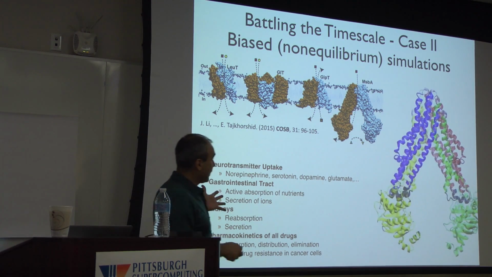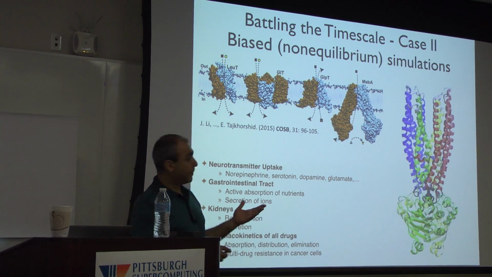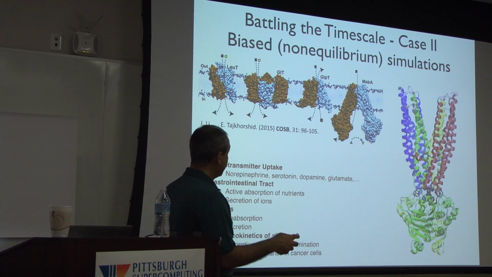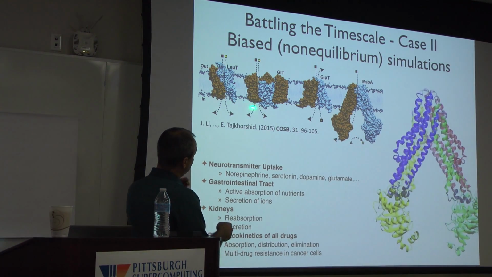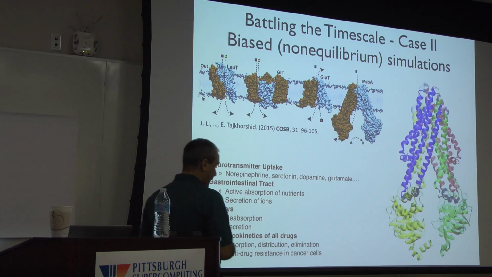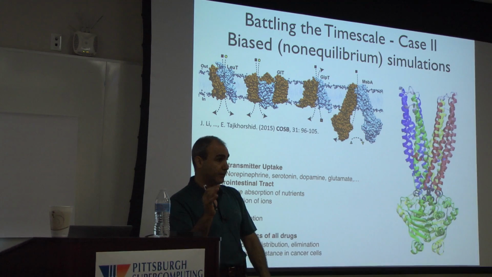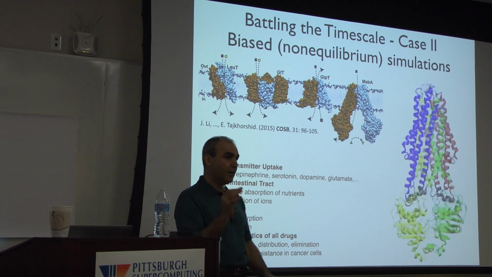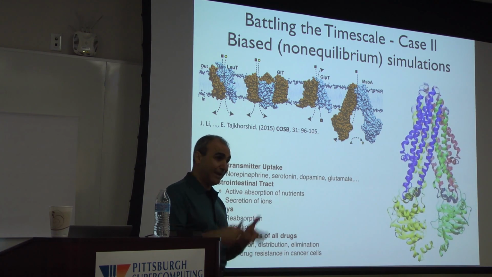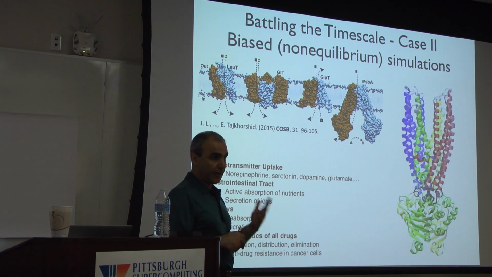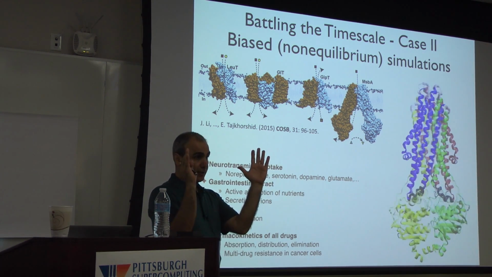So here is another example of systems in which we needed to do bias simulations. These are membrane transporters. In contrast to channels, where you just open one gate and things go down the gradient from one side of the membrane to the other, the majority of membrane transporters pump stuff against the gradient, against the electrochemical gradient, which means they cannot be open to both sides of the membrane at the same time.